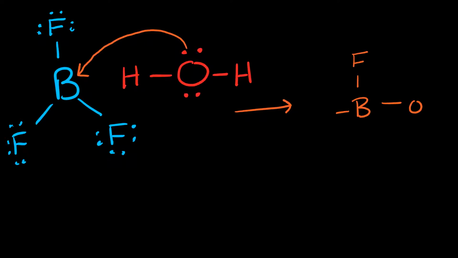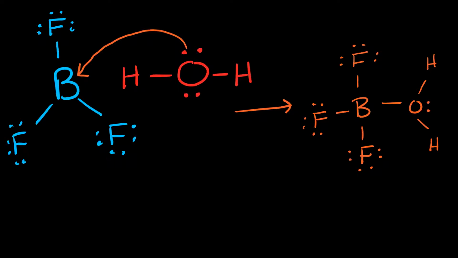Boron still has all of its fluorine atoms attached to it, and we're going to go ahead and fill in all of the lone pairs just to be thorough here. Oxygen still has both of its hydrogens attached. It only has one lone pair now because it gave the other one to boron. That's what they're sharing here. That's what is forming the new sigma bond.